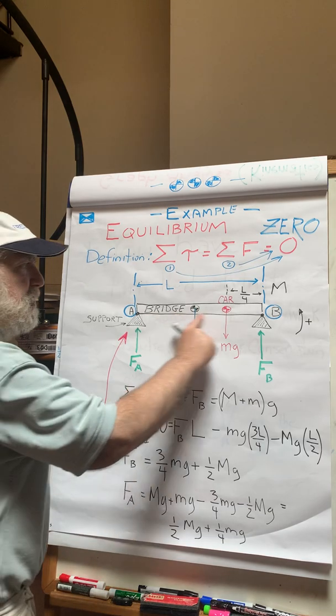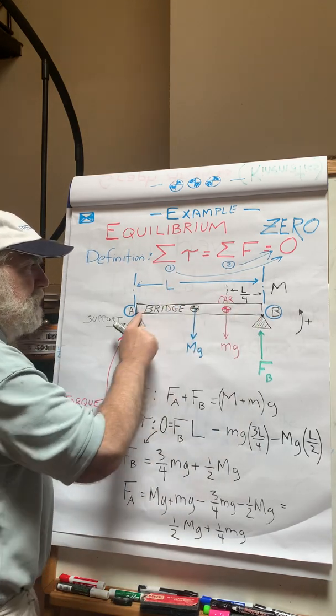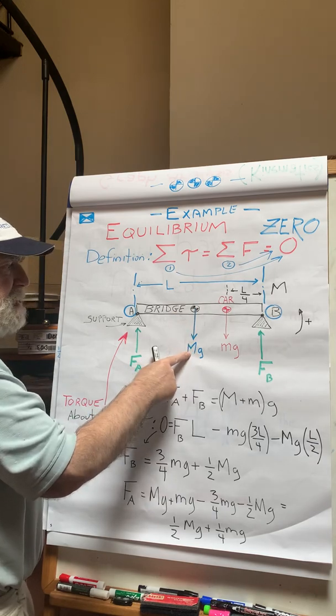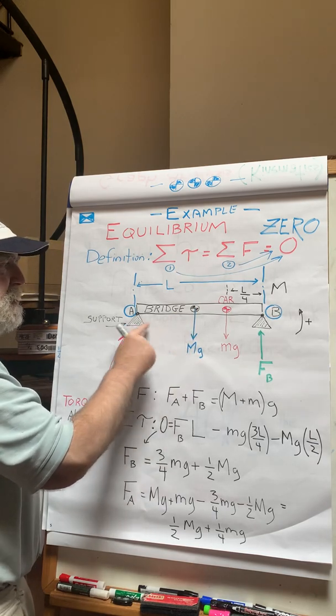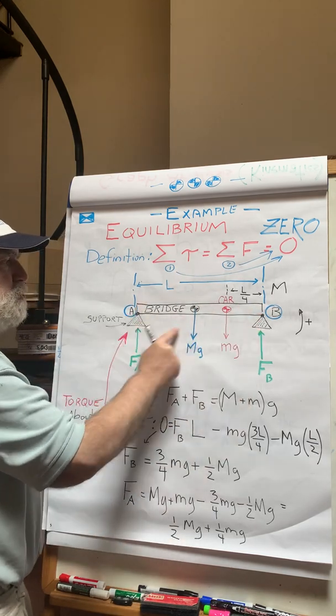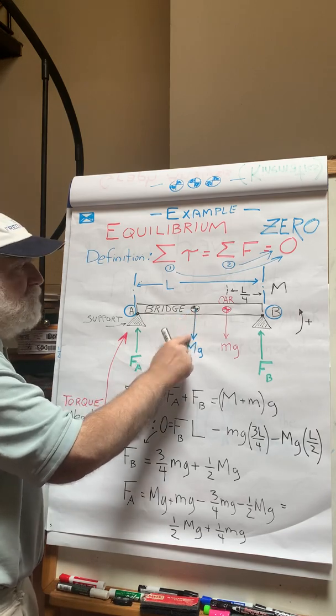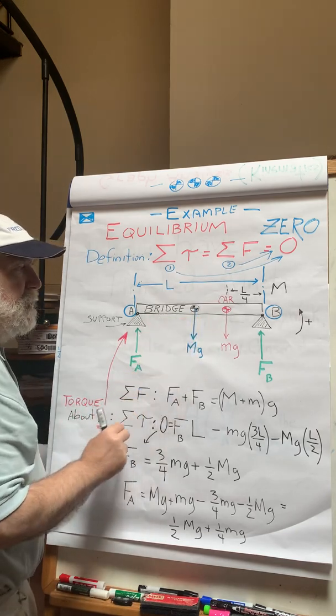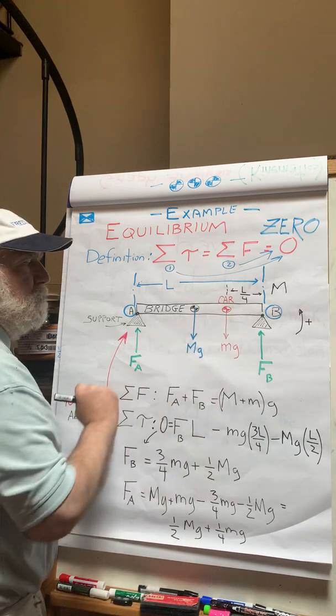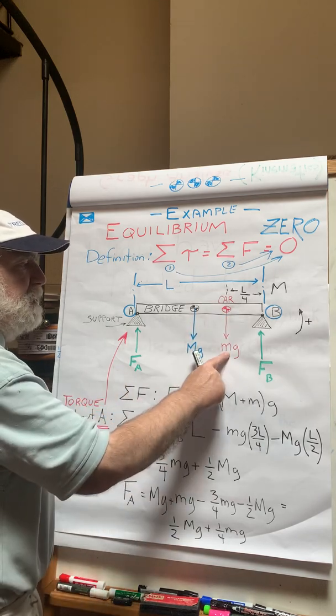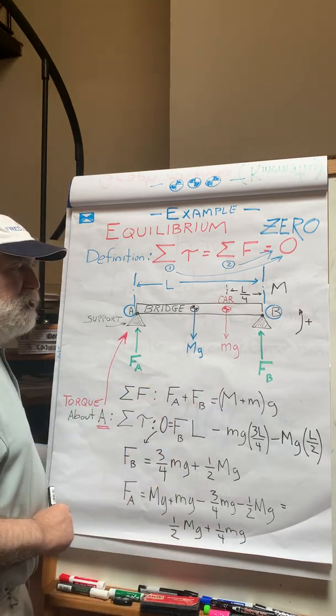I have a bridge of length L and mass M. It is of uniform construction, so the center of gravity of the bridge is in the middle. And we have a car somewhere on the bridge that has some little m times g for its weight.